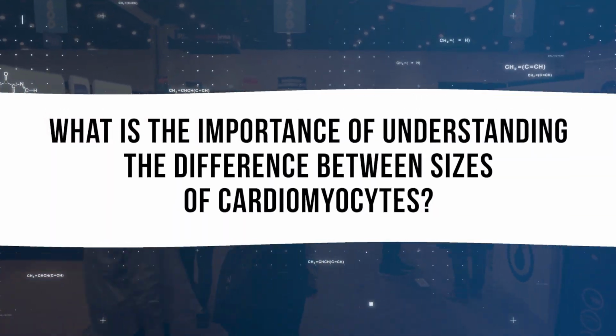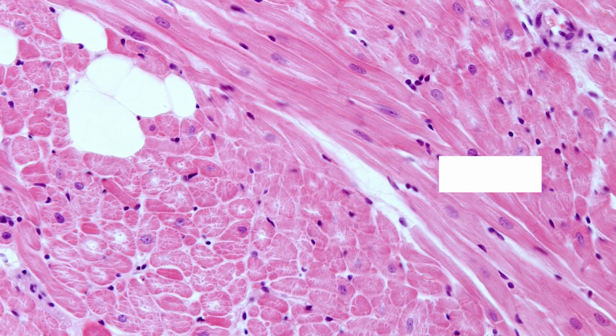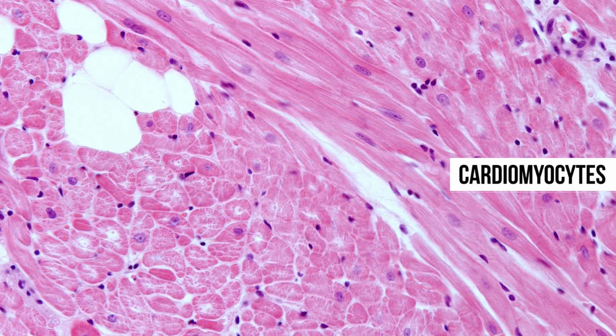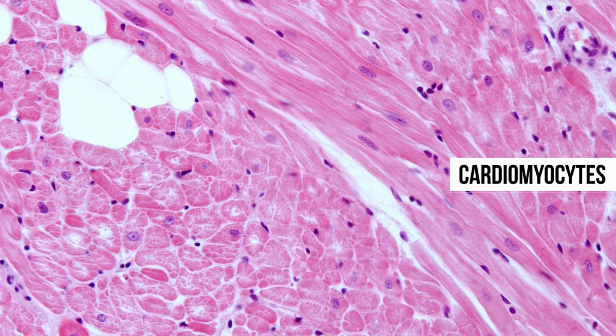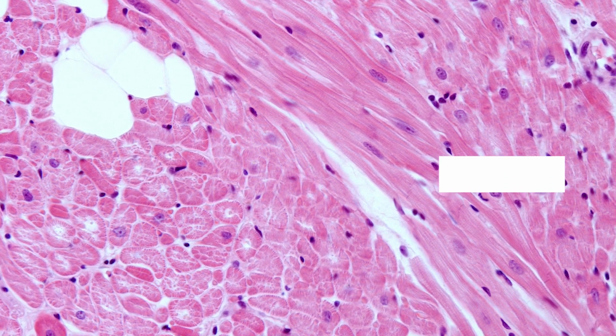One of the things we want to understand is there are cardiomyocytes of different size, ranging from 40 microns to 100 microns. And we want to understand, are there biological differences between the sizes of the cardiomyocytes? And those sizes may, in fact, change as a function of where they're located in the ventricle of the heart.